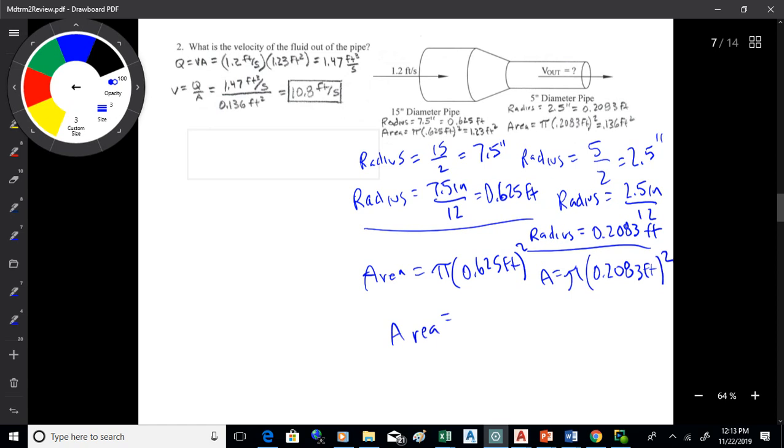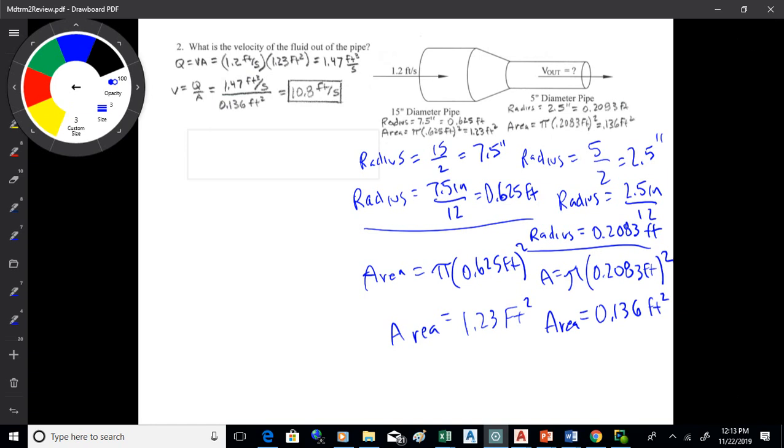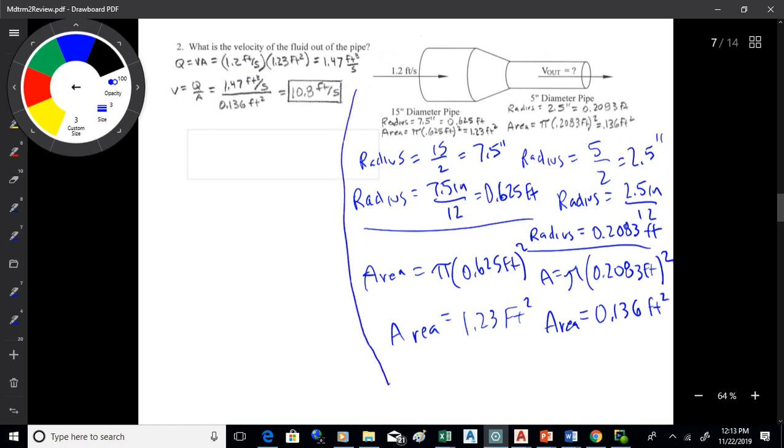The first one comes out to be 1.23 square feet, and the other one comes out to be 0.136 square feet. A little bit of work there, but you want to find the area of both sides in square feet too. That's kind of an important part of that.